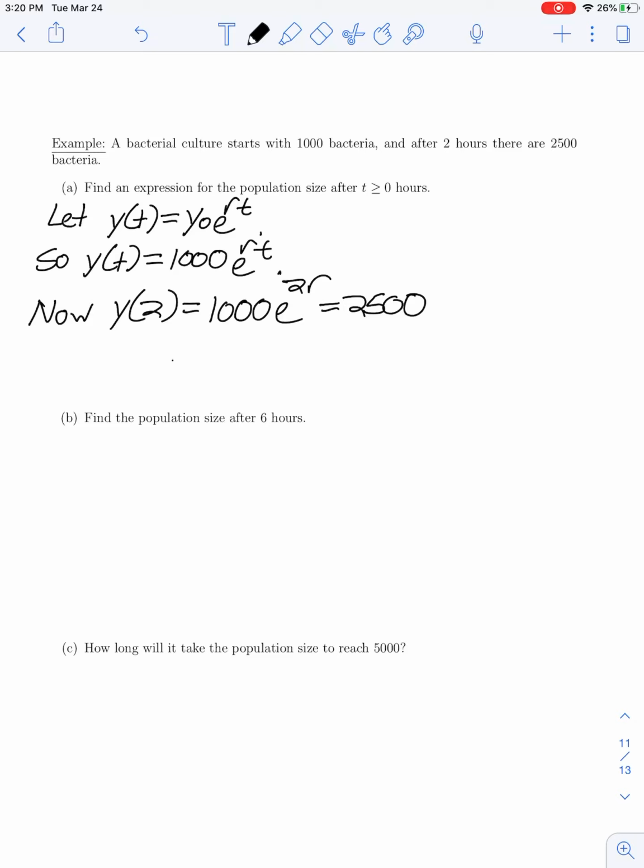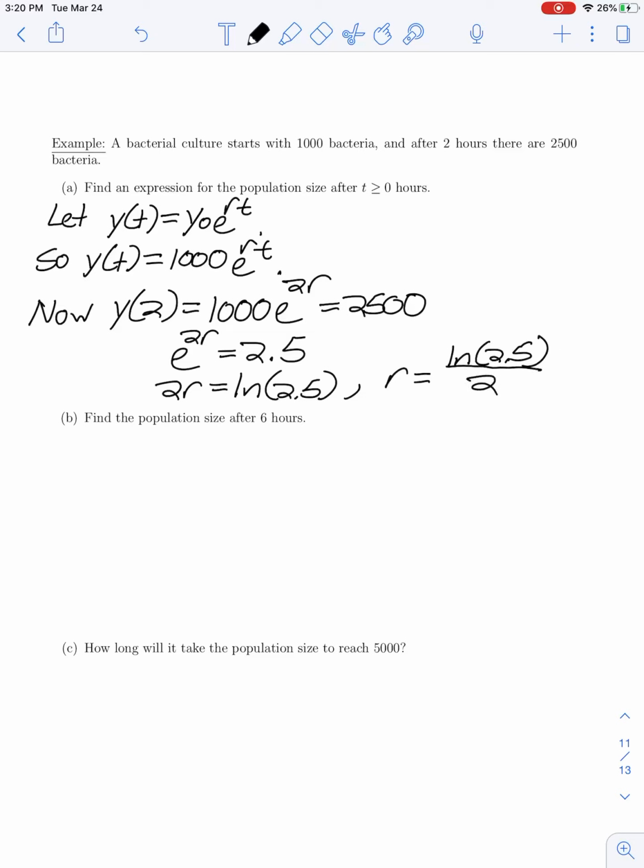So solving for r, we could first divide through by 1,000, and we find e to the 2r is equal to 2.5. So 2r is equal to the natural log of 2.5, which implies that r is equal to the natural log of 2.5 divided by 2.